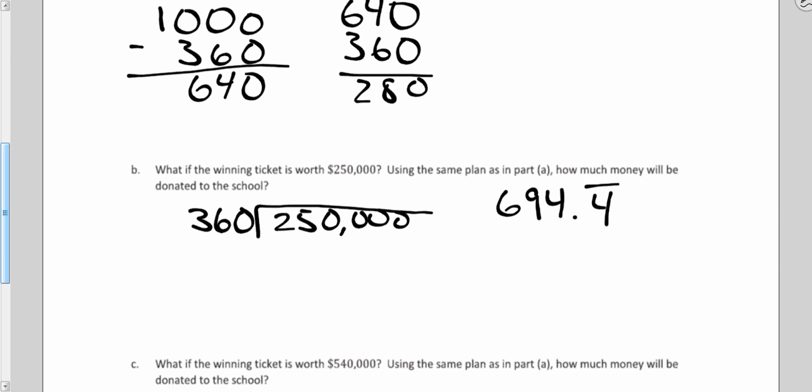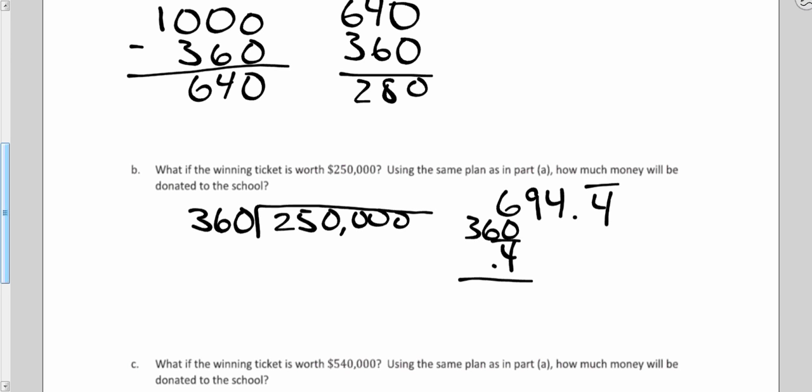So I can either take this 694 times it by 360 and then subtract that from 250,000. Could I also take this 0.4 repeating and multiply it by 360 as well?